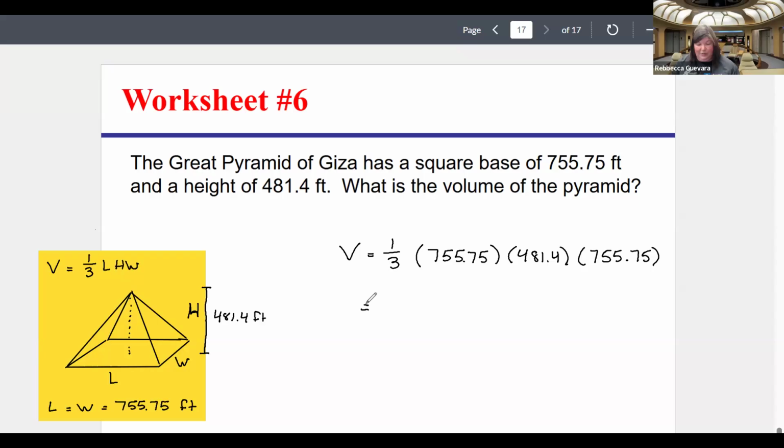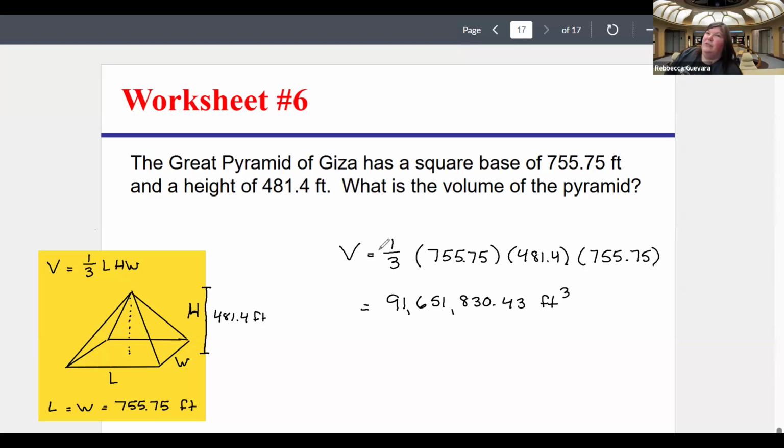Just double check it. That was a lot of numbers to put in. 1, 2, 3, 1, 2, 3. Okay, so I believe it's 81,651,830.43. It was in feet, and because it's volume, feet cubed.